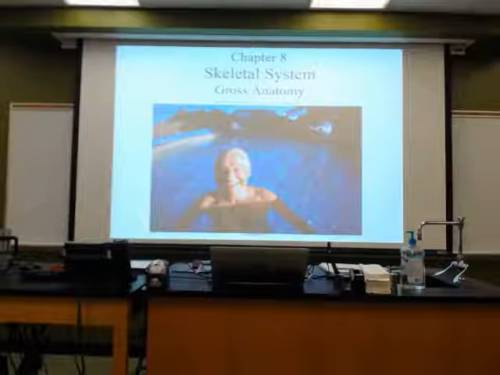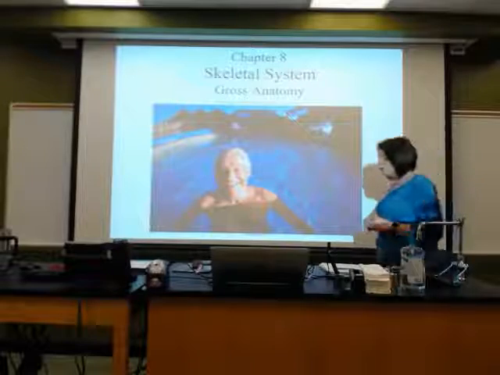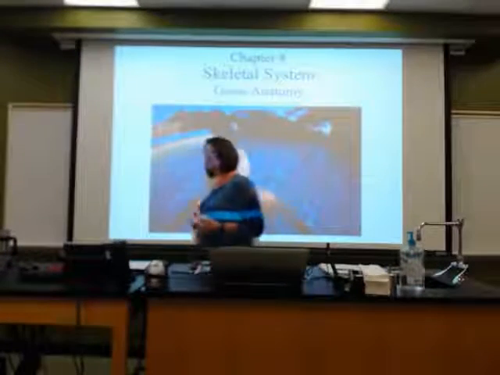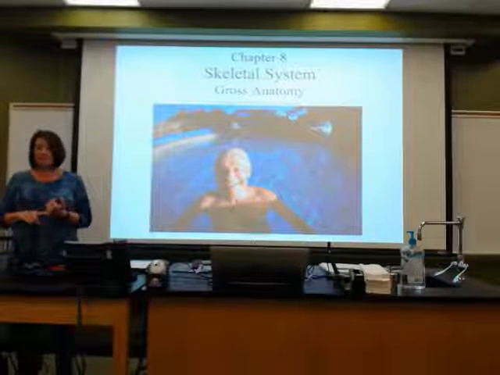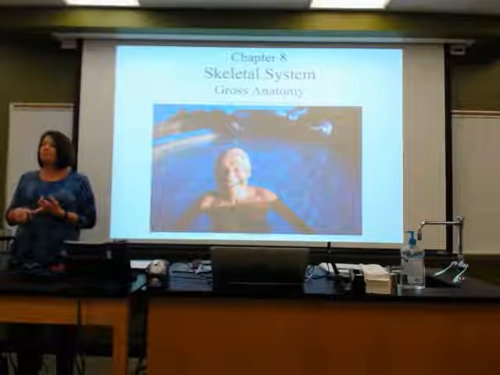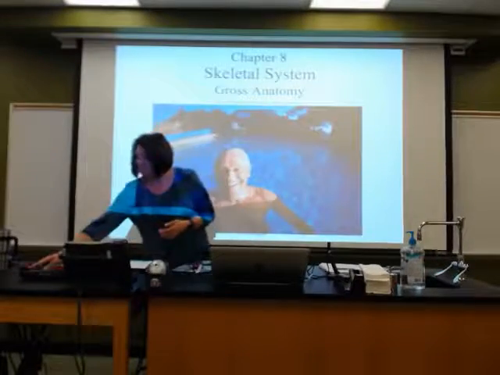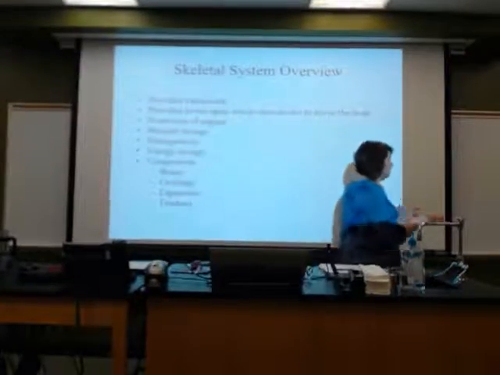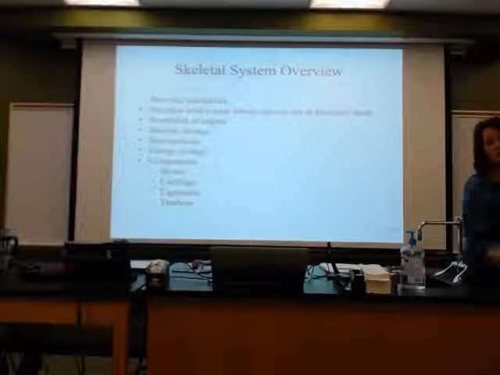It's going to let us know that when we talk about the skeletal system, we are looking at what's termed either the axial skeleton or the appendicular. Now, if you hear the term axial, and axis, what does it make you think about?